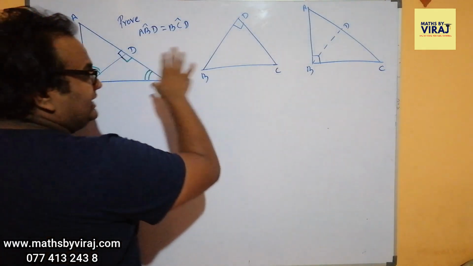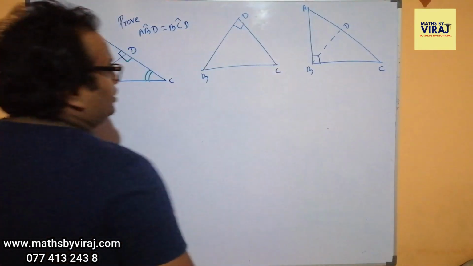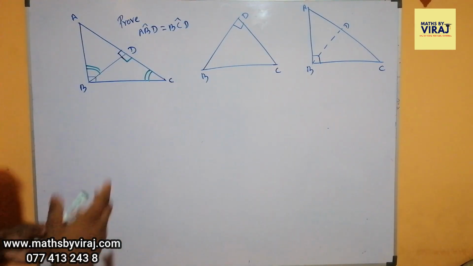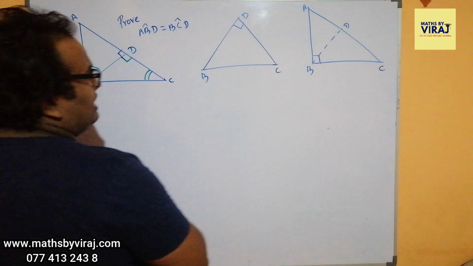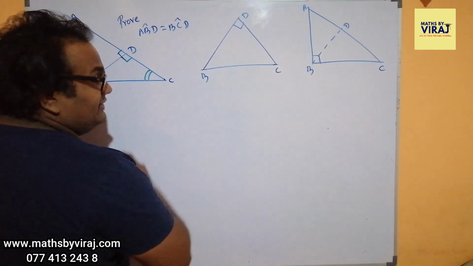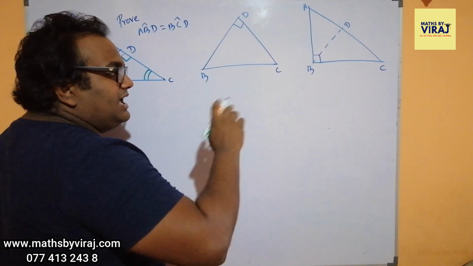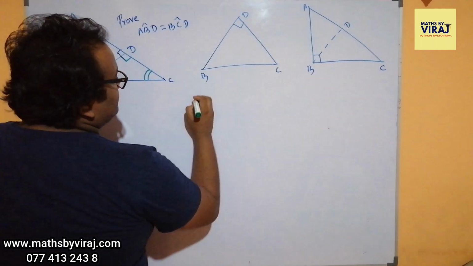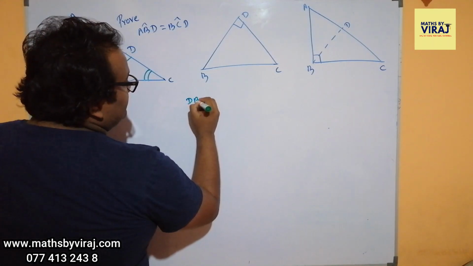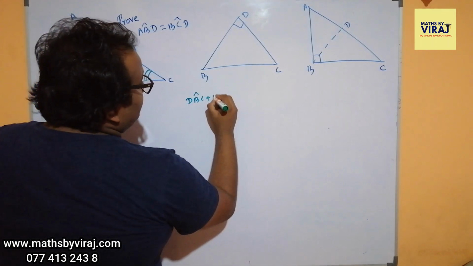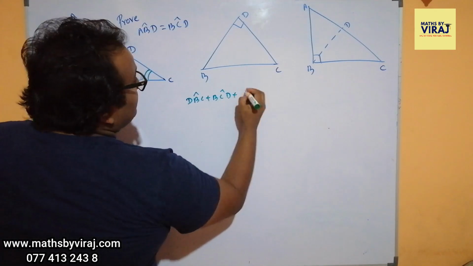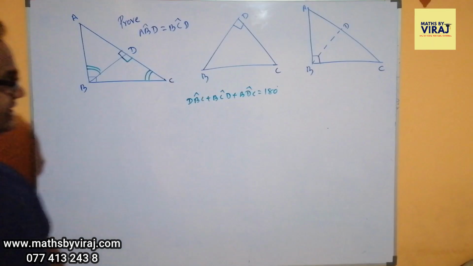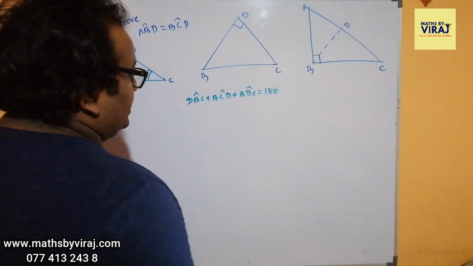So whatever the data that we understood, I have drawn it in two diagrams. So what are the things that we have understood now? Right. These are what we have understood. We know that angles in a triangle add up to 180. Therefore, I can say angle DBC plus angle BCD plus angle BDC is 180.